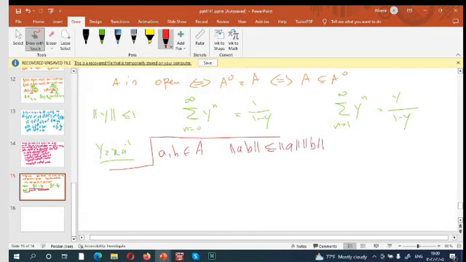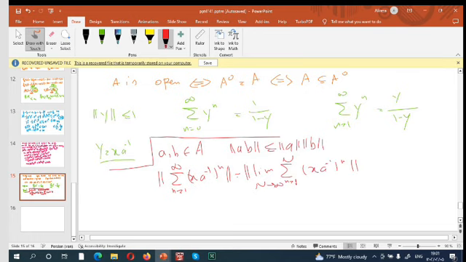Now the norm of this summation equals this limit, x^n, and this is equal to this limit because the norm is continuous in any Banach algebra.